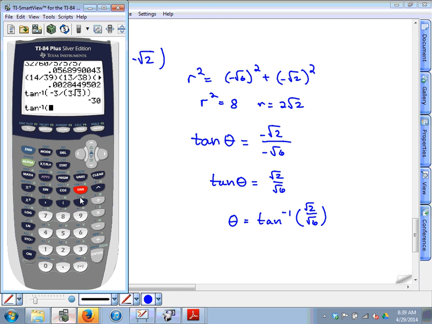Let's see, inverse tangent of square root of 2 divided by the square root of 6. All right, 30 degrees. We're good to go, right? The direction of this is 30 degrees.